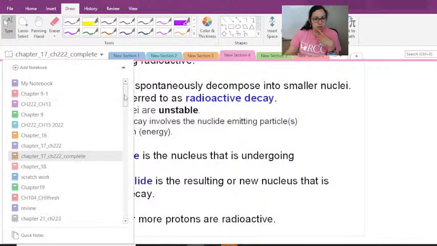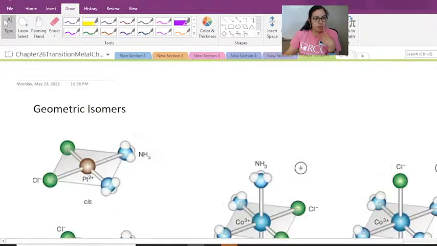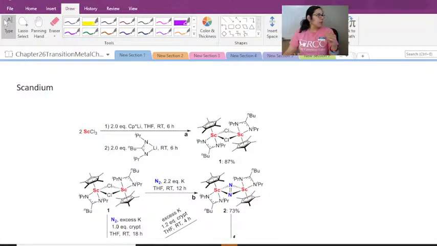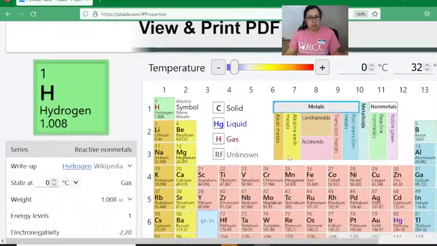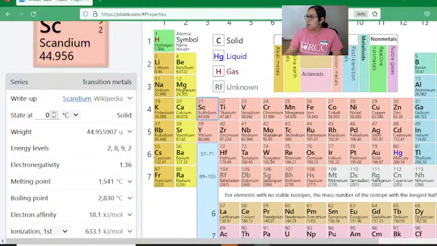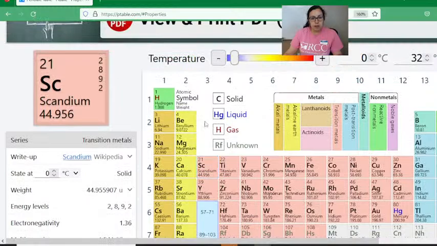Okay, I'll grab a new one. But scandium, so all these tend to be difficult to work with just because the early transition metals have pretty low D count, so they can be really sensitive and kind of finicky. So we're starting with scandium over here.